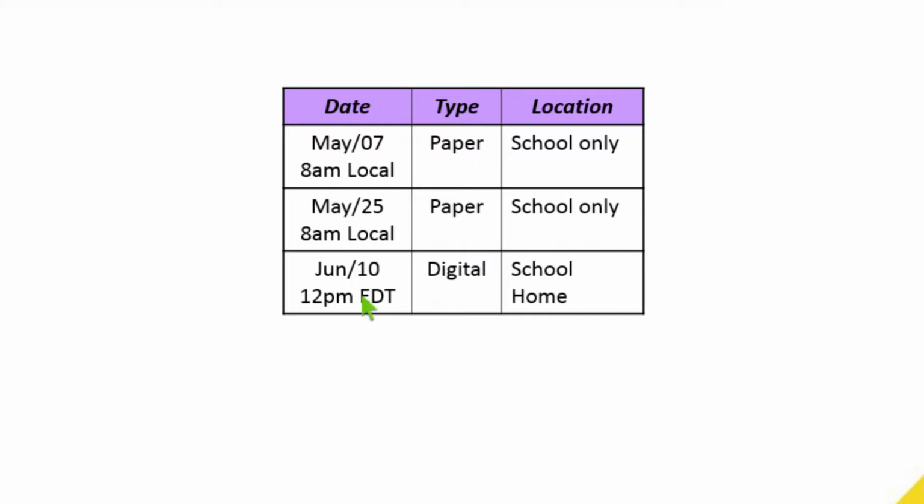The June 10th is digital, and it can be administered at your school or at home. And to standardize the times, because it is digital everywhere, it's 12 p.m. Eastern Daylight Time. So some of you might be taking it earlier, some later, just depending on where you are geographically.